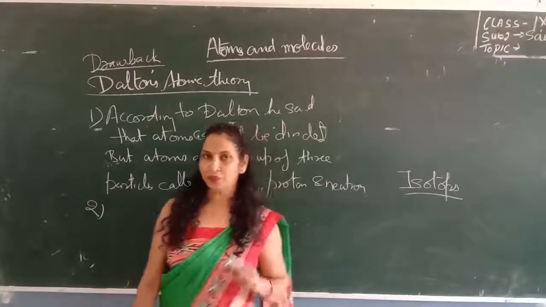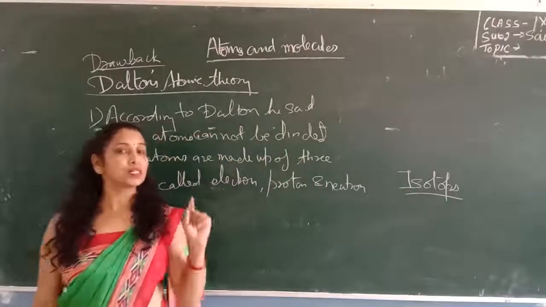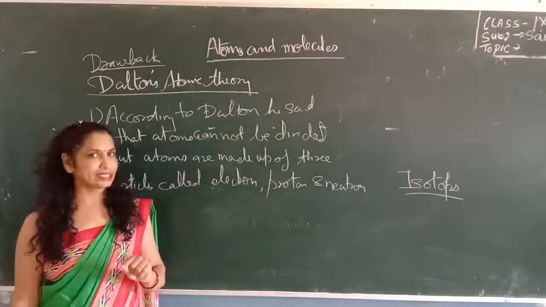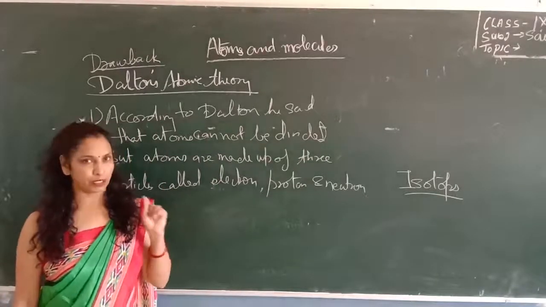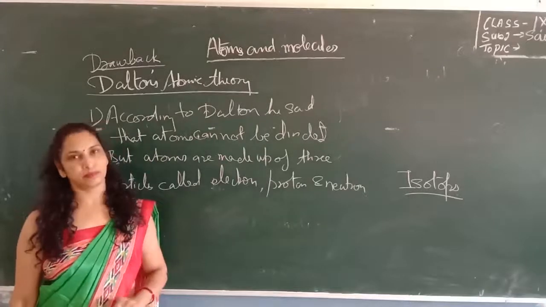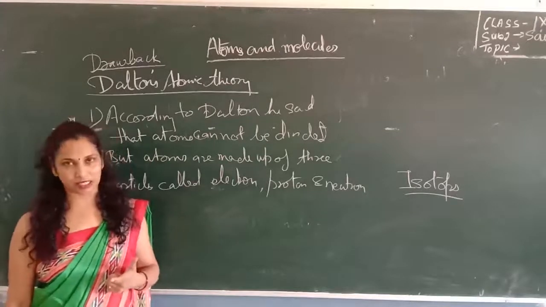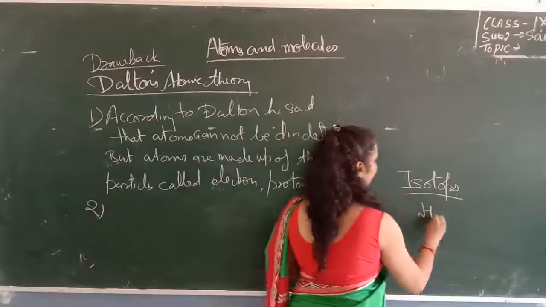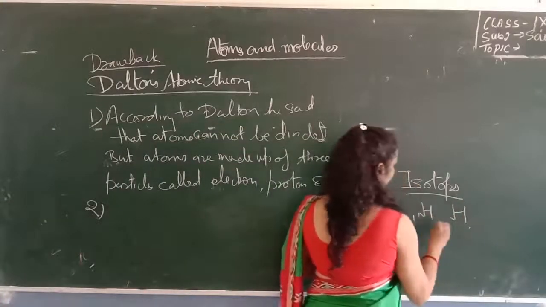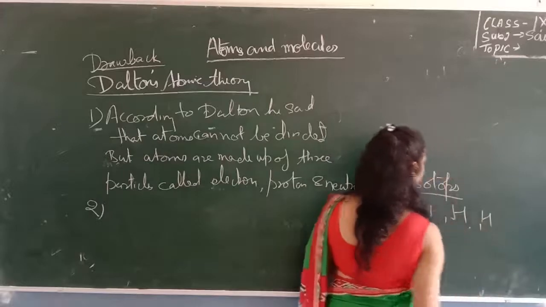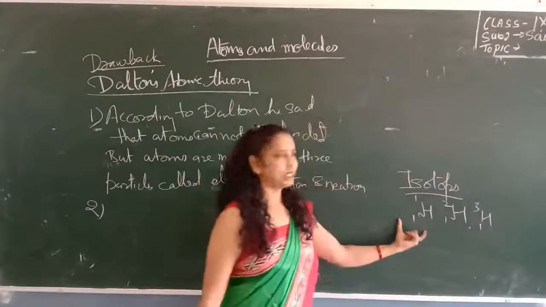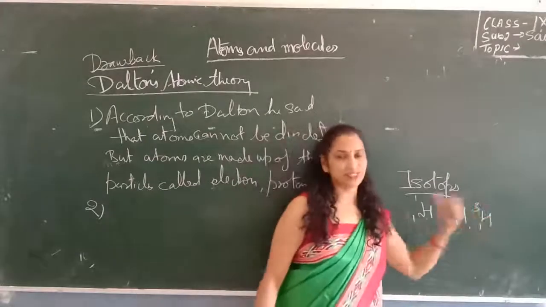Again, isotopes are those atoms which have the same chemical properties, or the same atomic number, but a different mass number. For example, hydrogen has 3 isotopes, all having atomic number 1 but having mass 1, 2 and 3. These are called protium, deuterium and tritium.